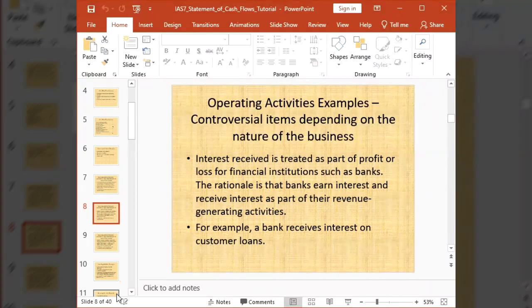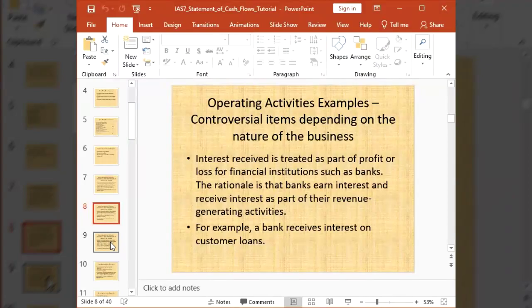Another controversial item is interest received. Interest received is treated as part of profit or loss for financial institutions such as banks. The rationale is that banks earn and receive interest as part of their revenue generating activities. For example, banks receive interest on customer loans. So for banks, interest received is going to be treated as an operating activity.